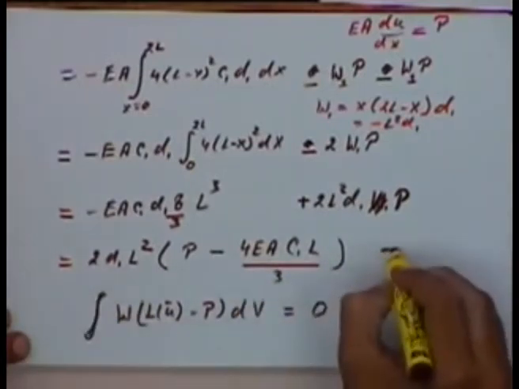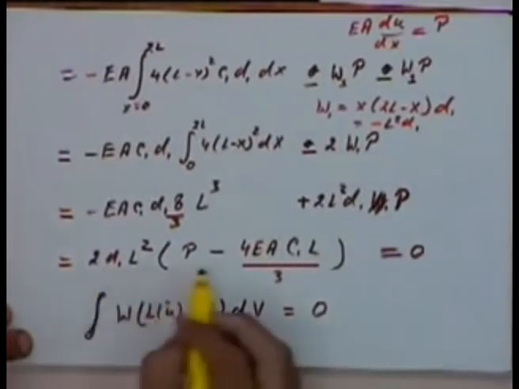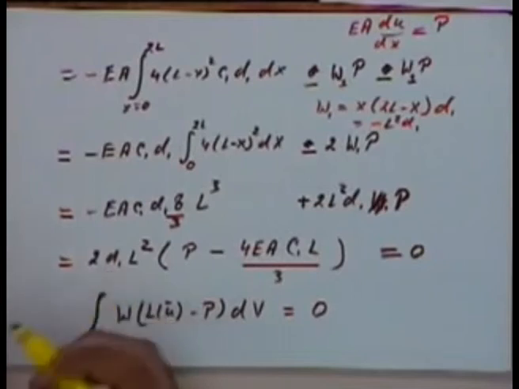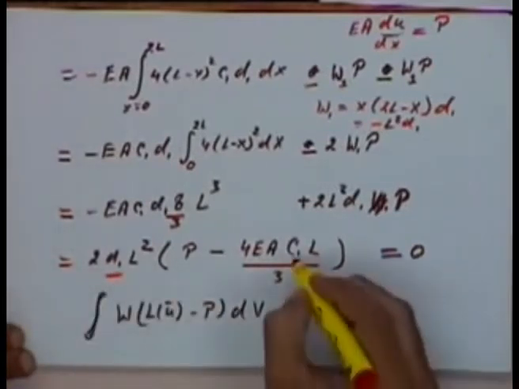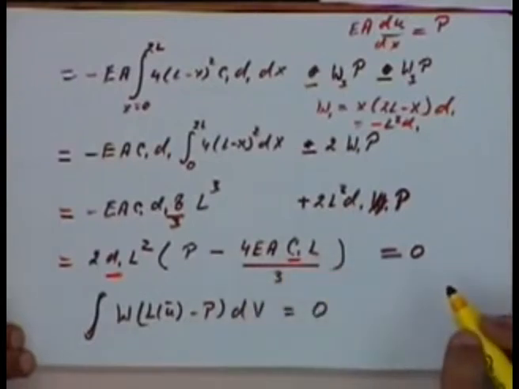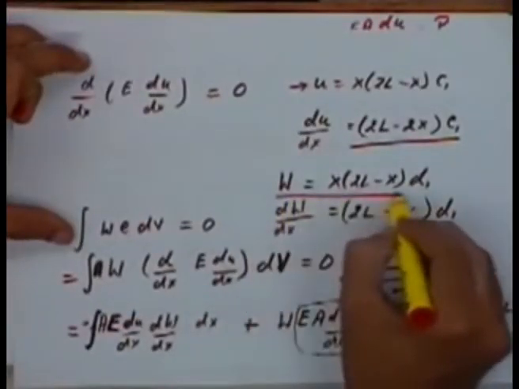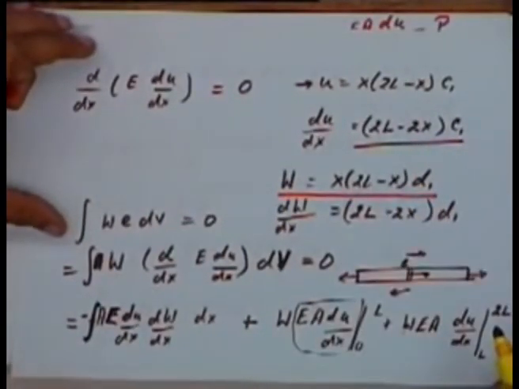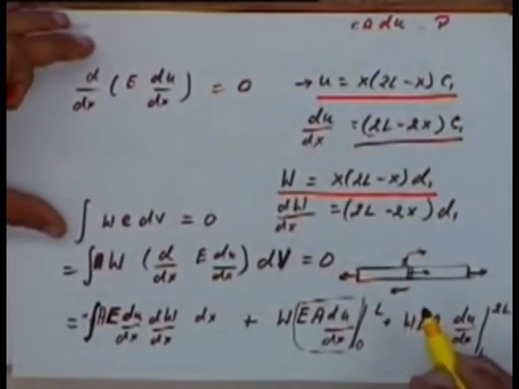So if I put this term equal to 0, now this is 2 D1 into L squared, where D1 is one parameter that we have, and we have one parameter over here which is C1. So D1 is a parameter specifying the weight, and C1 is a parameter specifying the deformation.